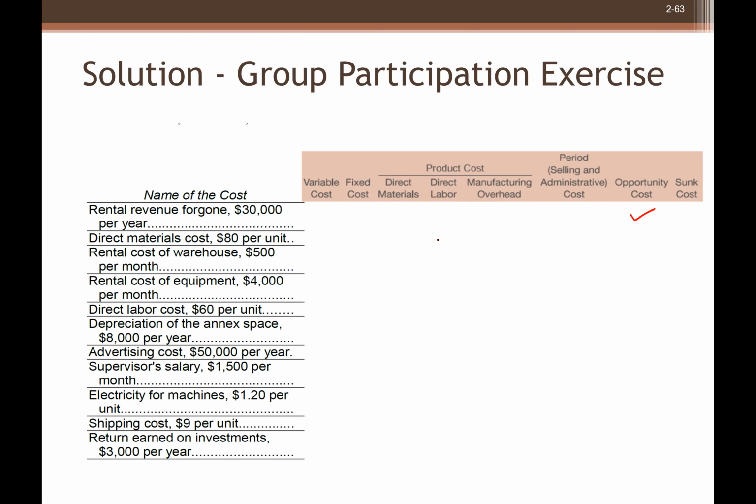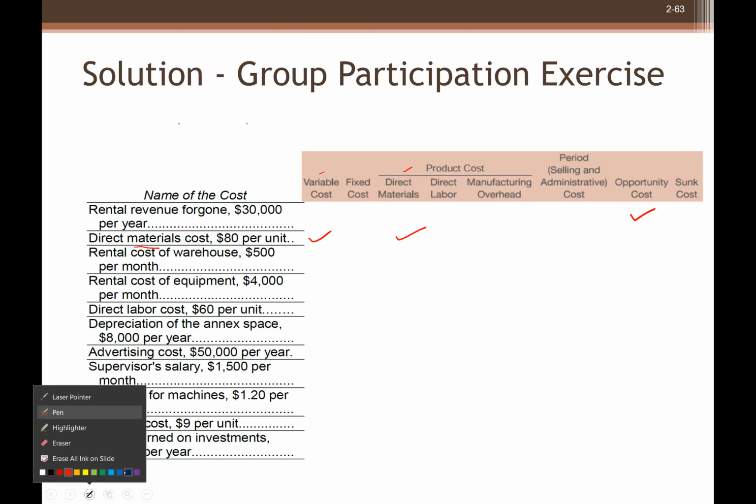It is the direct material, and it is a variable cost as well, right? The more you use the material, the more cost it has. If you use 1 kg, if you use 2 kg, it varies. So here it belongs to 2 categories: direct material and variable costs, right?